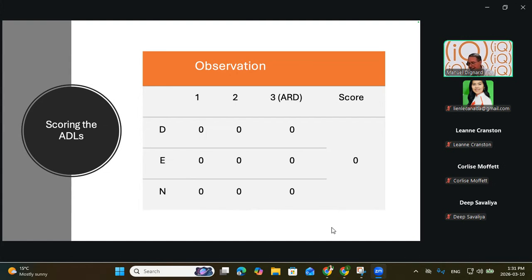Now, if we have independent for all of them, that is the only scenario with a 0: if they're all zeros or all zeros and 8s. Because if it didn't happen, it's not going to count, but it happened other times.